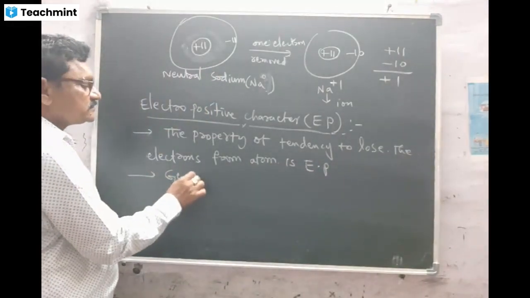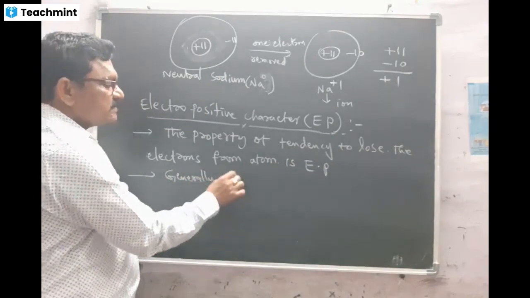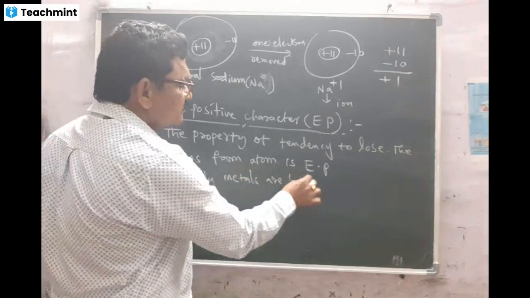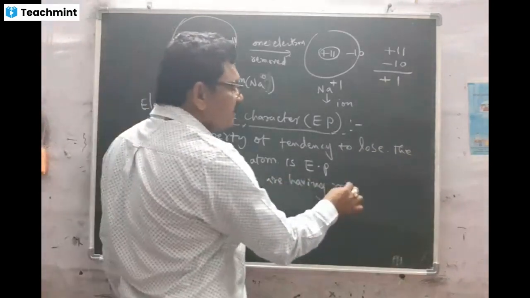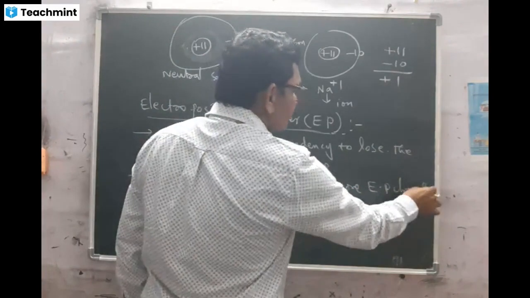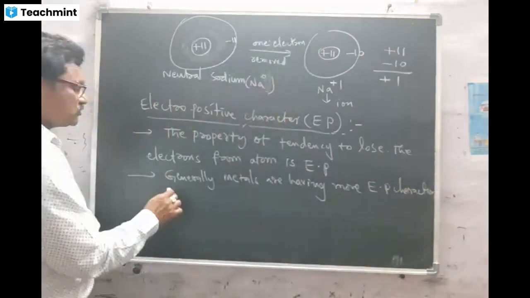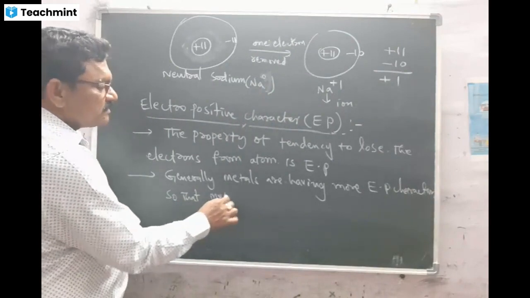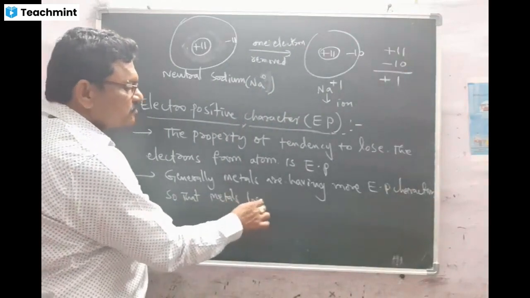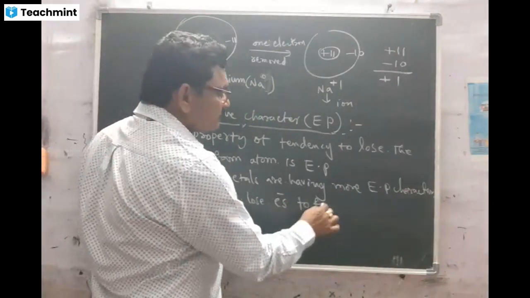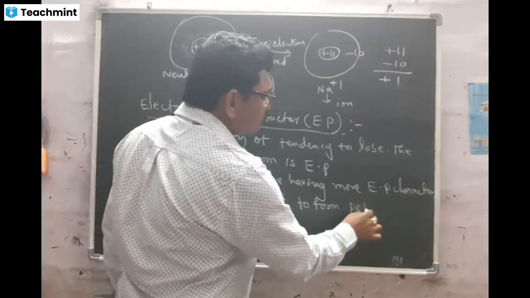Generally, metals have more EP character, so metals lose electrons to form positive ions.